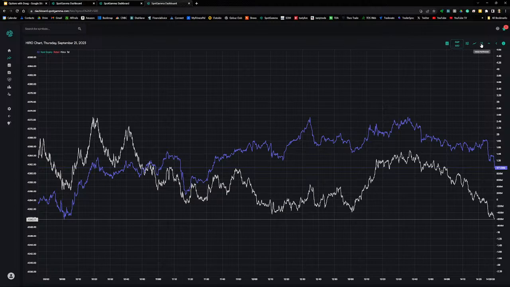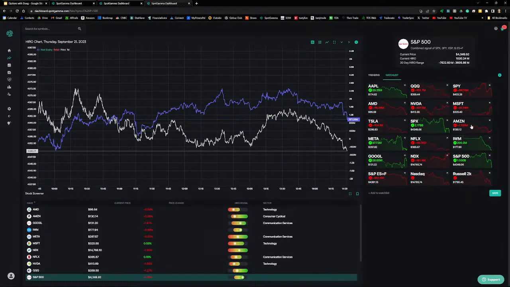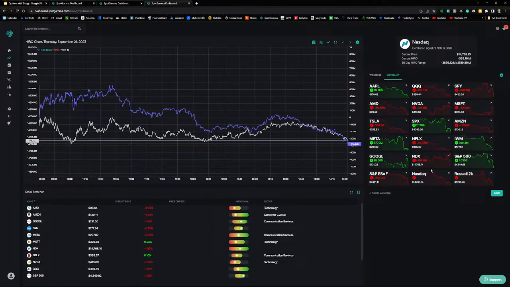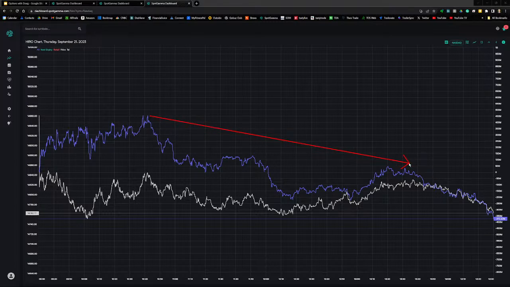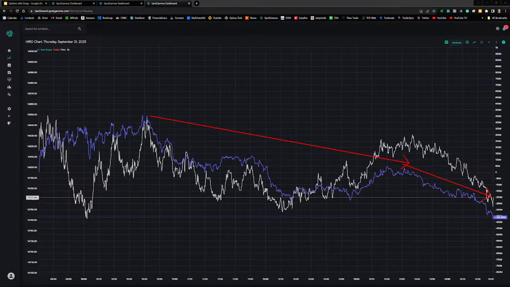All right, let's take a look at NASDAQ now. And since about 10:45, this Hero signal has been steadily trending down, and started to move more sharply lower right around 1:30.